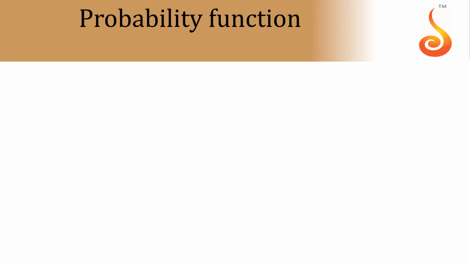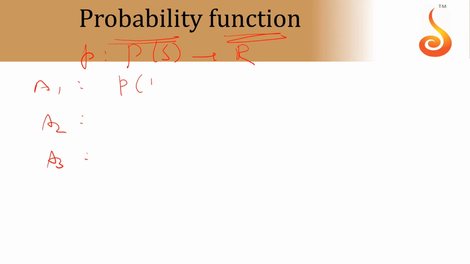Okay, now let us discuss what we mean by probability function. Let small p be a real valued function from the power set of the sample space to real numbers. If it satisfies some axioms, that function is called a probability function. What is the first axiom?